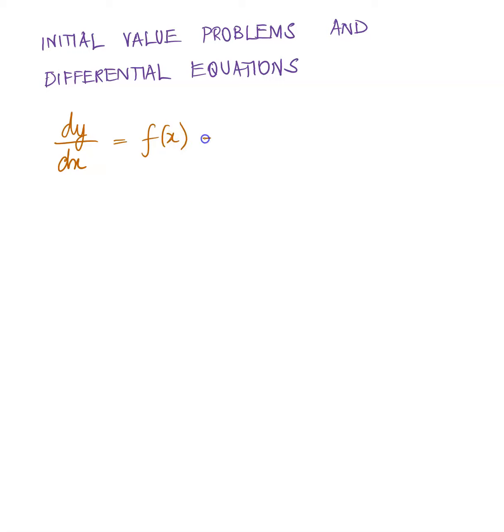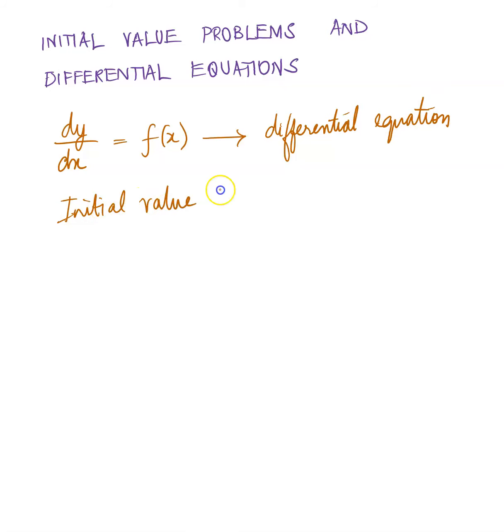And so this is known as the differential equation. And here, if we have an initial value, initial information and preliminary information given to us, then this will help us to go from a general solution to a particular solution.